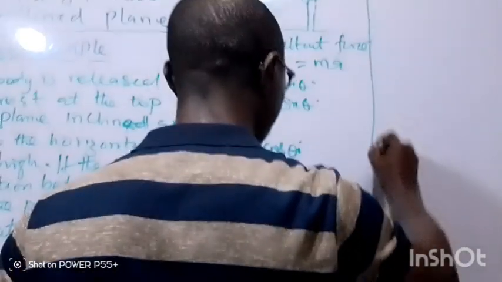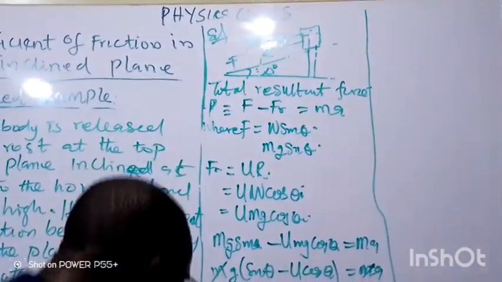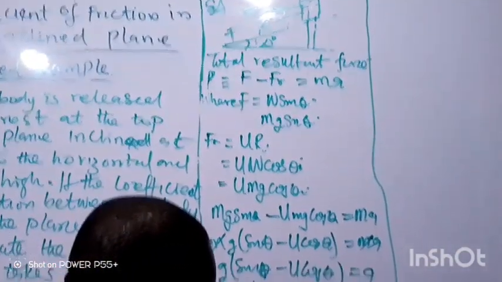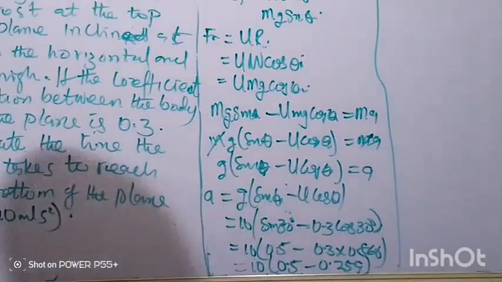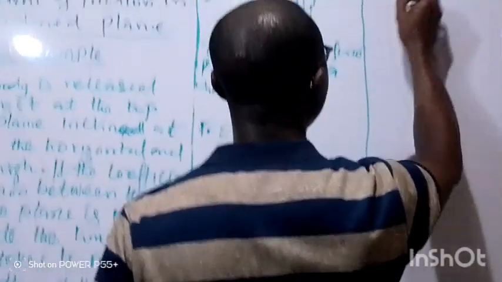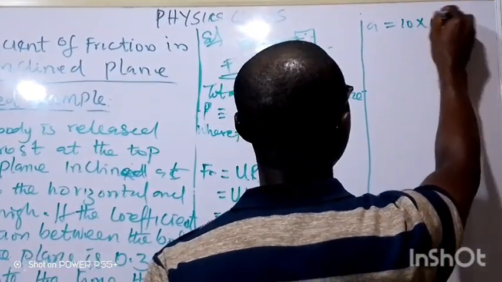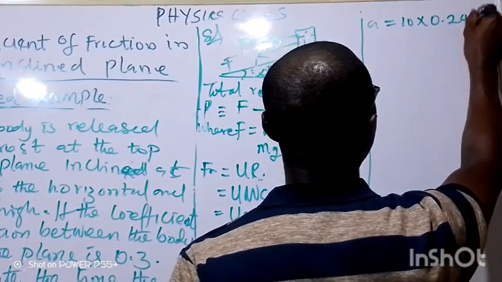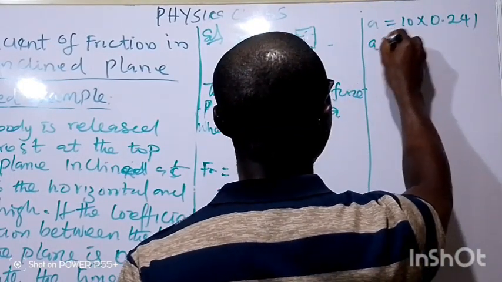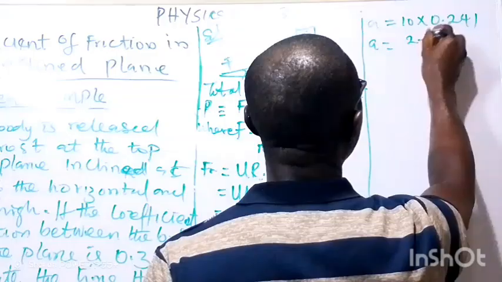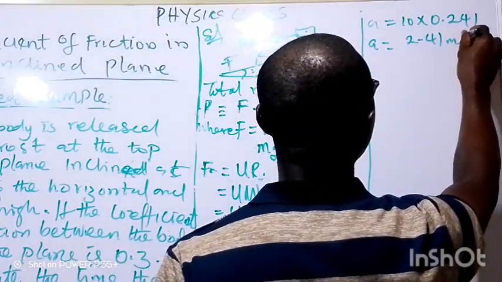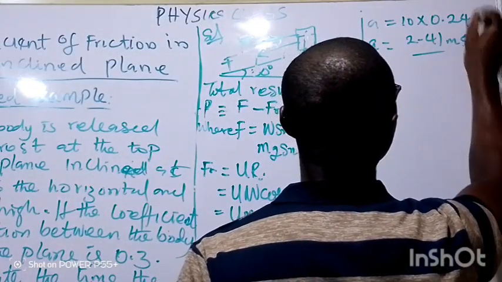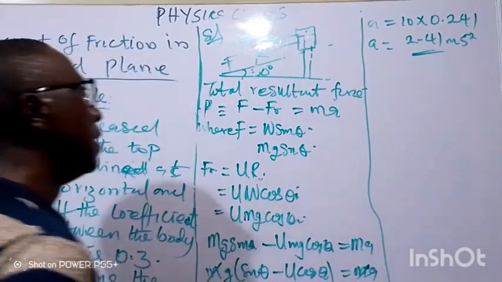So that will be 0.5 minus 0.259, which is 10 multiplied by 0.241. And our a will be equal to 2.41 meters per second squared. That is the acceleration of the body.